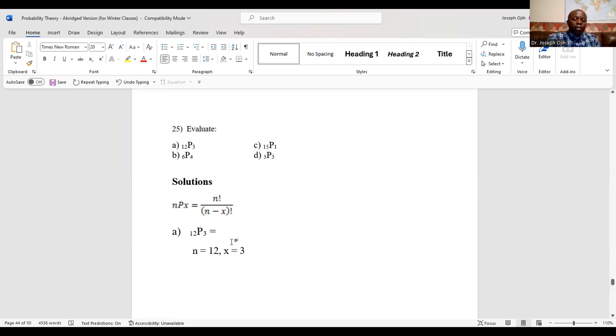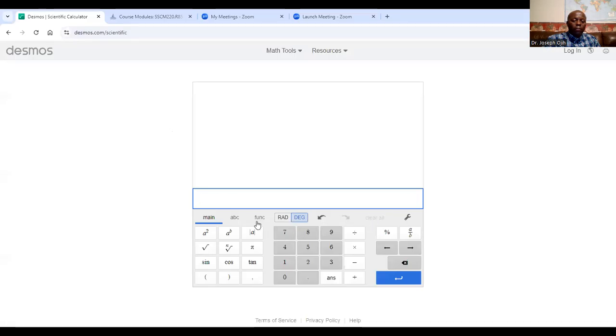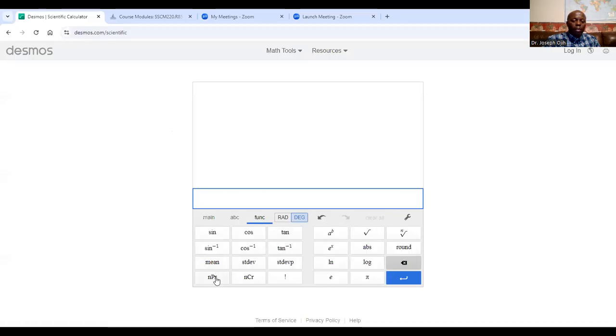So we go to our calculator to get it. Like I said, you can use the formula, but for this class you'll be using a calculator to get it, to save you guys time. So you go to the calculator, clear this, then go to the function section and see the nPr right here.